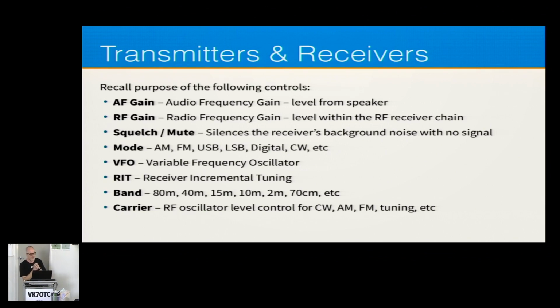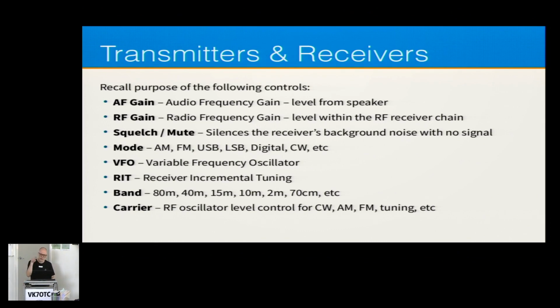Your mode control, your mode switch, which is AM, FM, upper sideband, lower sideband. On modern transceivers there's a digital setting. There's a CW, which is your Morse code setting, and so on. Your variable frequency oscillator, that's how you tune the frequency.